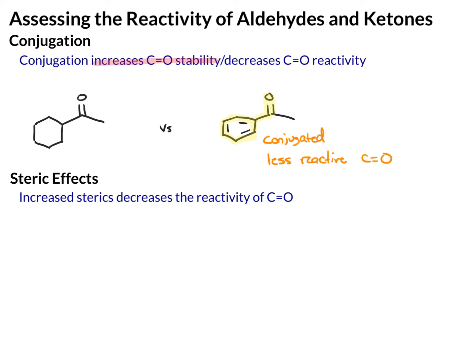The second thing that plays an important role on reactivity are steric effects. So let's take a look at 3 different carbonyl compounds, and we're going to compare them. The first is an aldehyde. The second is a ketone.